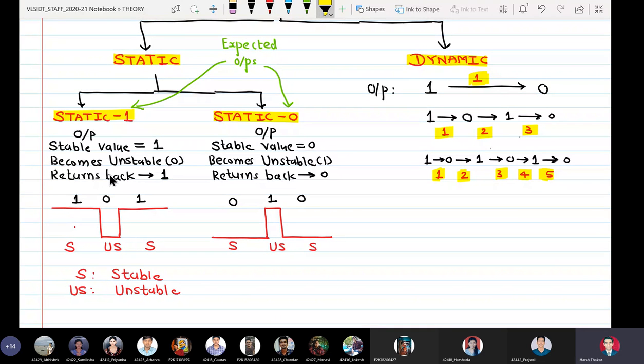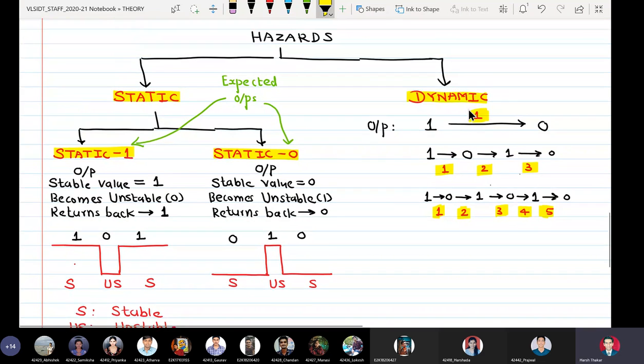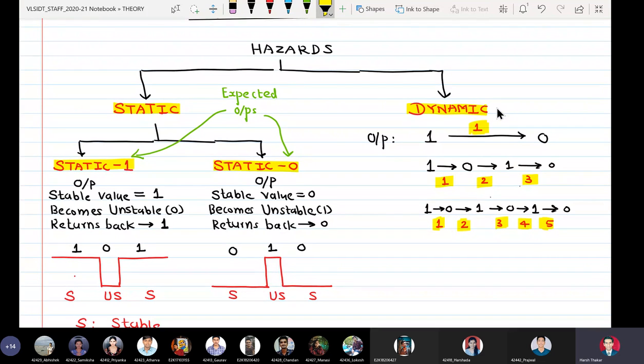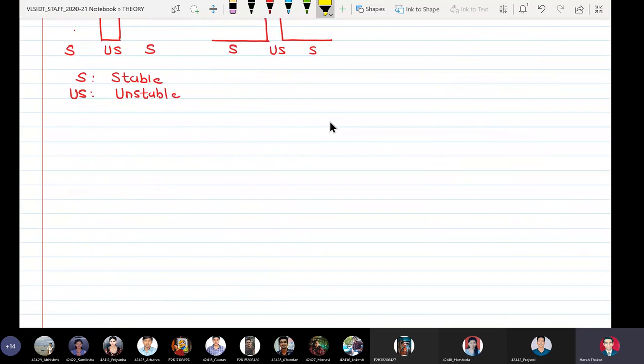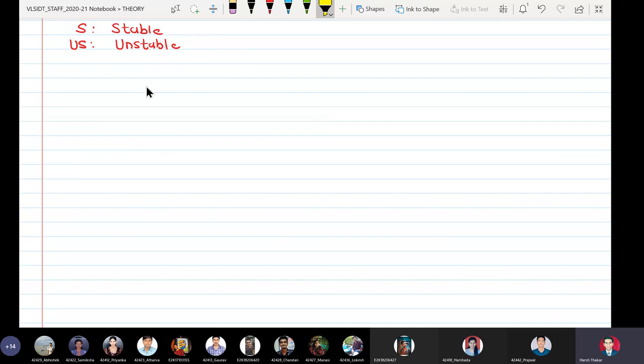Similarly in static 0 hazard, it momentarily becomes unstable, that is logic 1 and returns back to 0. Dynamic hazard, the output is supposed to make a single transition to go from 1 to 0. Instead of that, if it makes 3, 5 or more transitions, it is known as a dynamic hazard. Okay, now we are going to discuss a circuit which suffers from a hazard and then how to eliminate the hazards. Okay, fine.